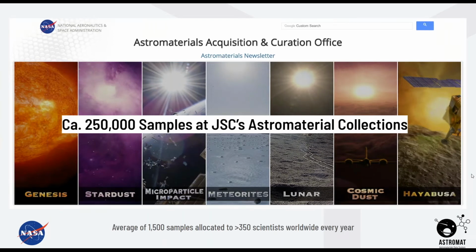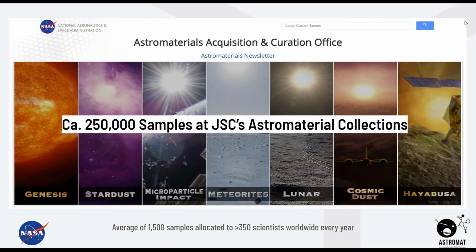If you're on the call, you're probably quite familiar with the Astromaterial collections at the Johnson Space Center. It's a huge collection of around 250,000 samples that are grouped in different collections, from lunar samples to Antarctic meteorites and stardust and so on.